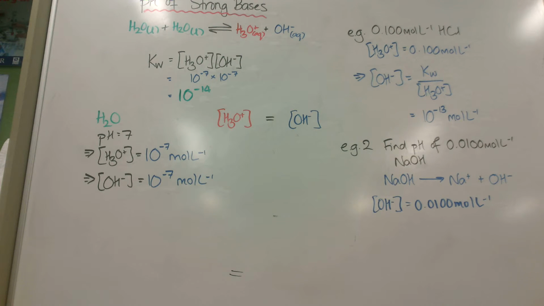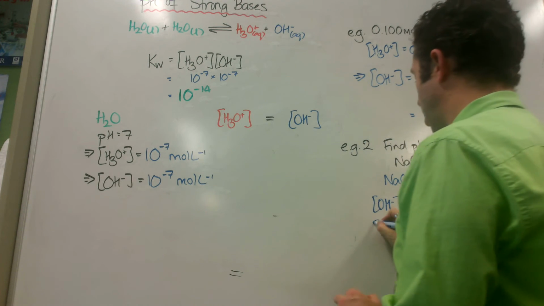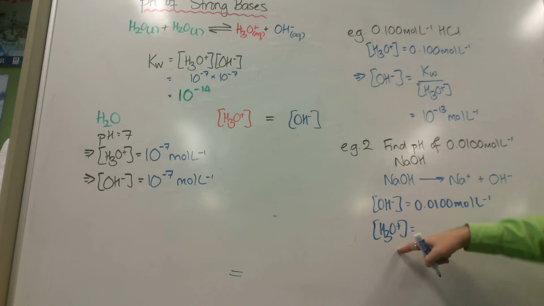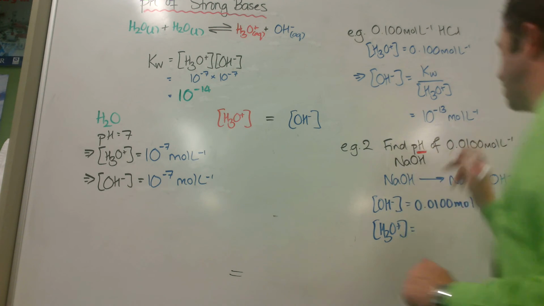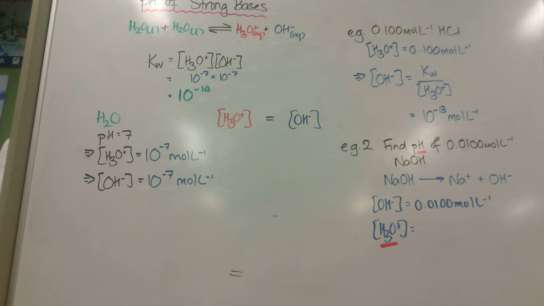Then I'm going to rearrange my equation here in black to be finding my hydronium ion concentration. Why do I need that according to the question? Find what? pH. So the H is to do with hydroniums. So I need the hydronium ion concentration to answer the question.